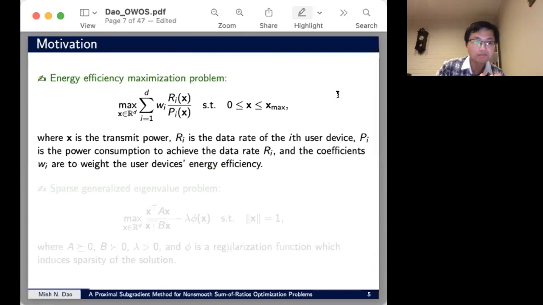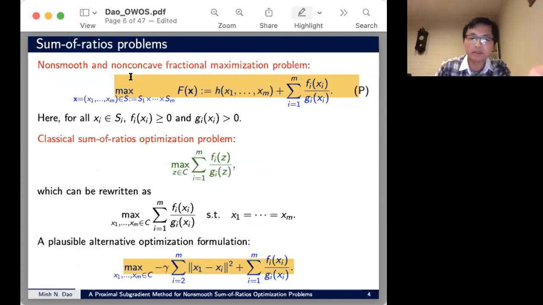For example, the energy efficiency maximization problem is also a special case of problem P. Actually it's not exactly problem P, but it can be considered as a special case of P, as we can see in the previous slide.